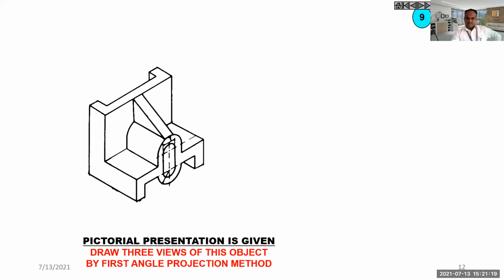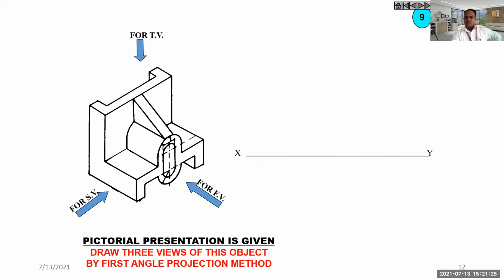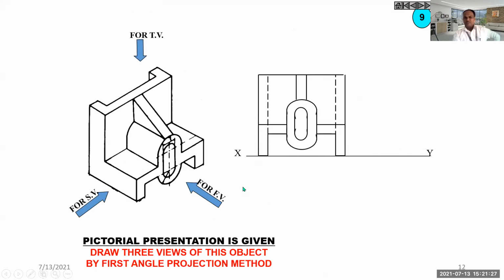Now today's last example. This is also one kind of flange coupling. So we are going to find out its front view. In front view, you will see this portion, this base portion with a circular face. This rib is there and this rectangular portion is there. And these two edges will be seen as dotted lines.